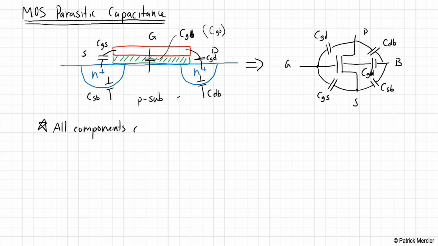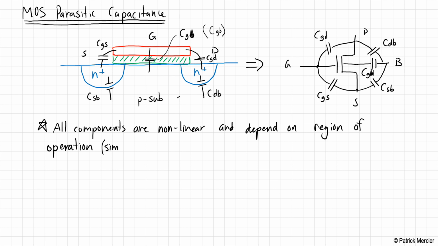Now, all of these components are nonlinear, and subsequently depend on the region of operation of the transistor. So the amount of capacitance depends on the region of operation of the transistor. This means that simulations are required in order to get accurate understanding of what that capacitance is.